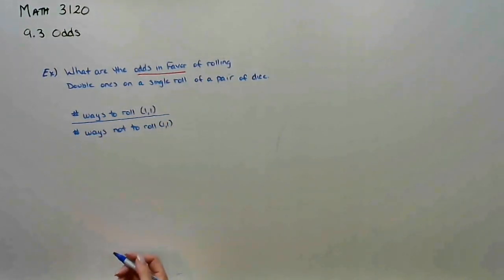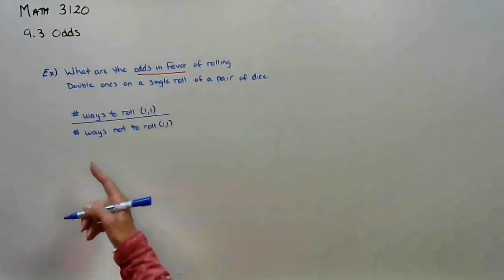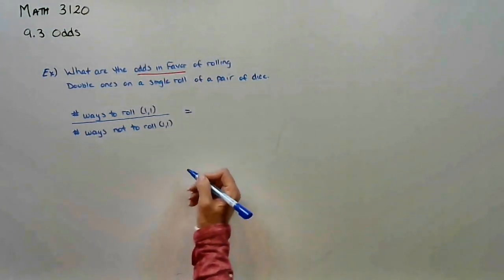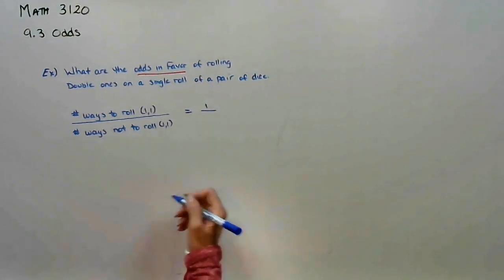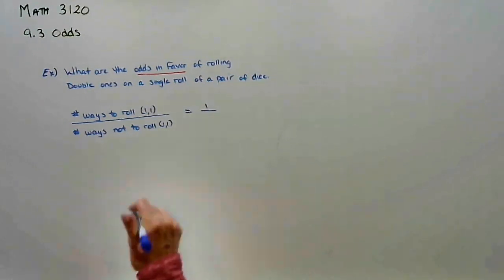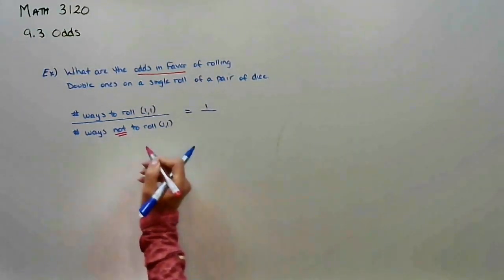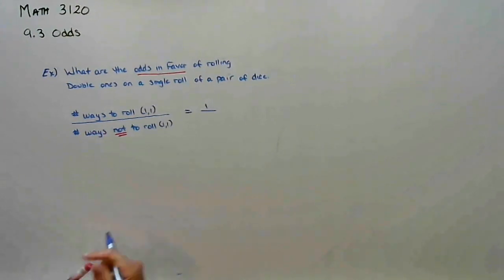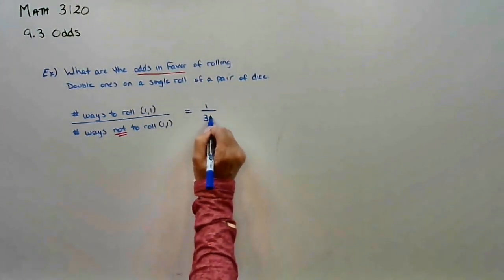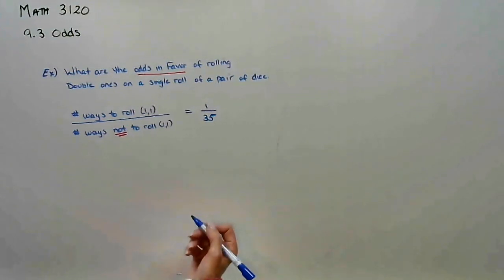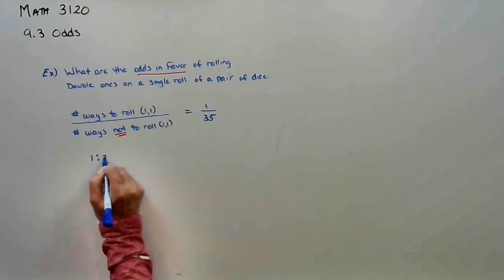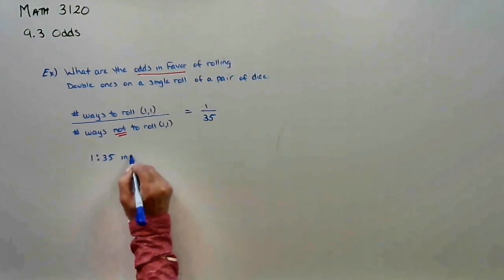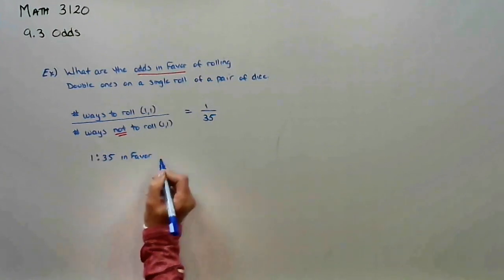If you have that piece of paper with all 36 combinations, there's only 1 out of 36 ways to roll a 1 and a 1. We already used up 1, so there are 35 other rolls that are not a 1 and a 1. So the odds would be 1 to 35 in favor of rolling a 1 and a 1.